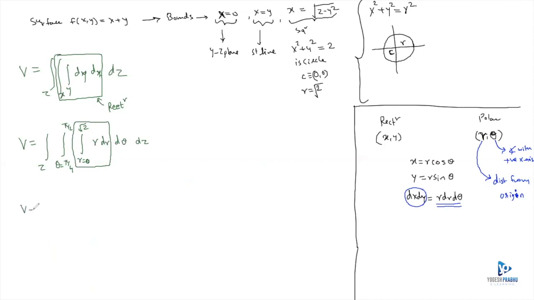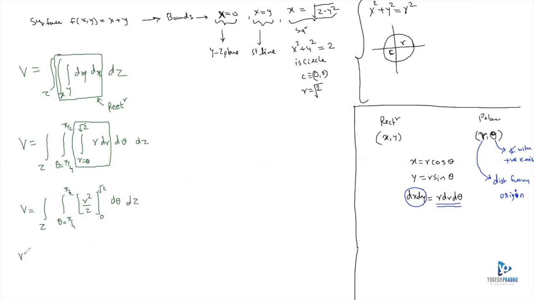Tell me, V equals integral z, integral theta from pi over 4 to pi over 2, r squared by 2, from 0 to square root of 2, d theta dz. Tell me now.